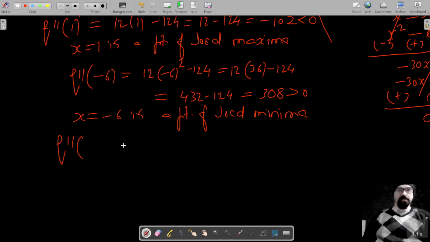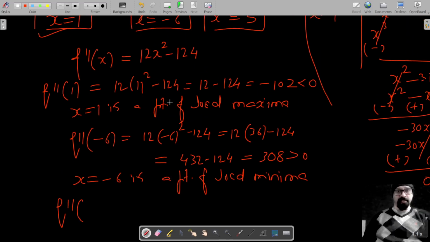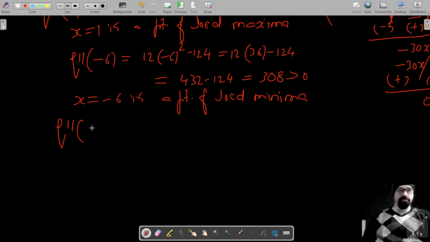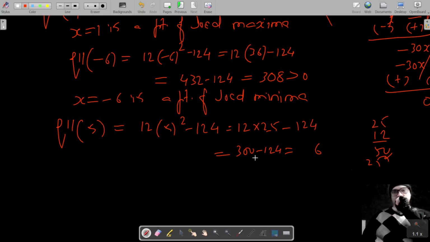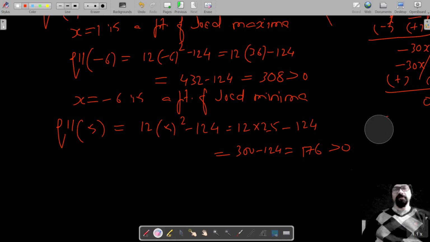Now let's check the second order derivative for the other critical point, which is 5. So this is 12 into 5 squared minus 124, which is 12 into 25, 300, minus 124, which is 176, greater than 0.